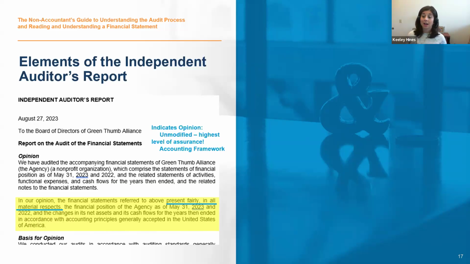And there's even international accounting standards. There's Canadian GAAP. So it's really important that you make sure you understand, okay, are these financial statements presented in accordance with US GAAP? And what was the opinion? Was it that the financial statements are presented fairly in all material respects? Great. That's the gold standard report that we can provide.